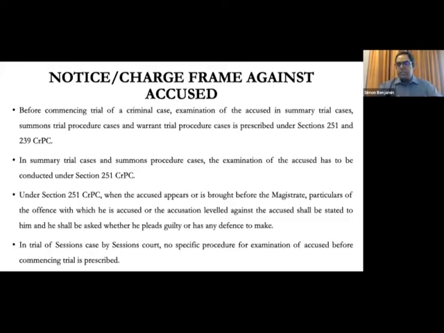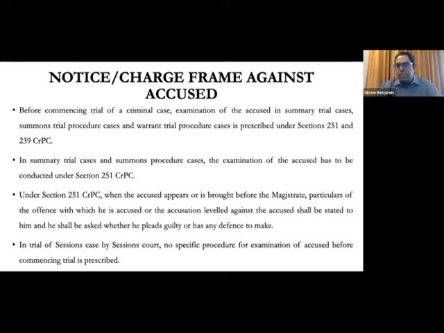Of course, this is just a very plain understanding of it, because the difference between a summons and a warrants trial is merely prescribed by virtue of the punishment. So anything which is punishable beyond 2 years is a warrants trial, and anything lesser than that would be a summons trial. So with that understanding, we know that if the offense is punishable by less than 2 years and it's a summons trial, then it's not as serious as one which is considered as a warrants trial.